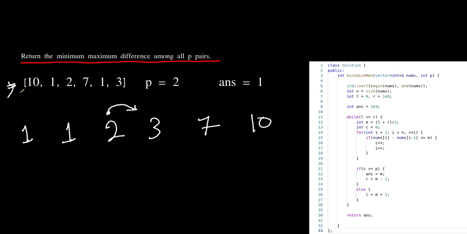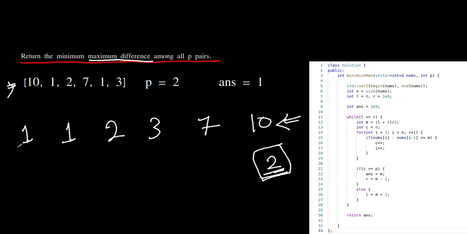Okay, now if we ask this question: assume the maximum difference is 2. How many pairs can we get from this array in which the difference is less than or equal to 2?